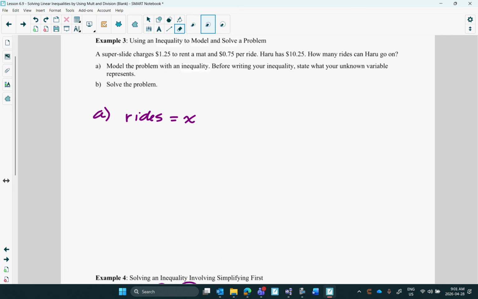Notice it says modeled with an inequality. Well, how would we write this? A super slide charges $1.25 to rent and 75 cents for every ride. 0.75x, and he has to pay $1.25.